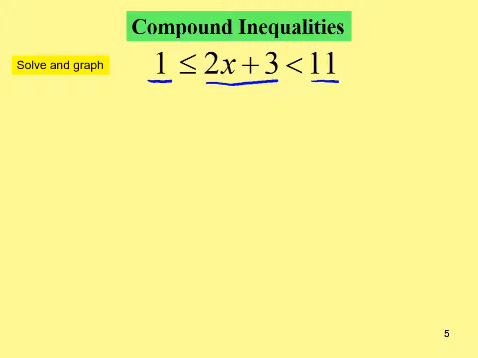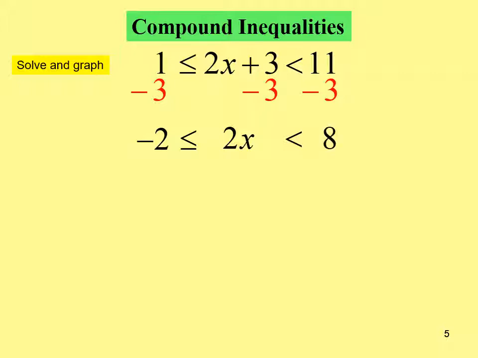To solve this, we will isolate the variable in the middle by subtracting 3, which means we have to subtract 3 from all 3 parts. On the left, we'll have 1 minus 3, which is -2, and on the right, we'll have 11 minus 3, which is 8.